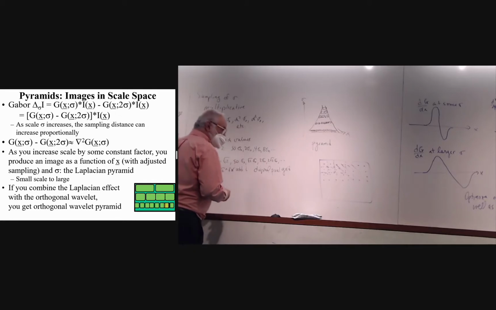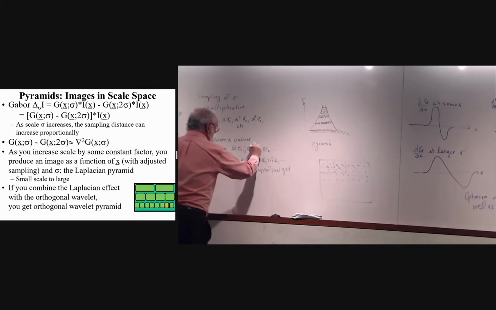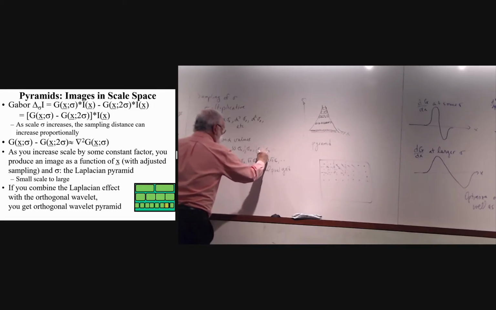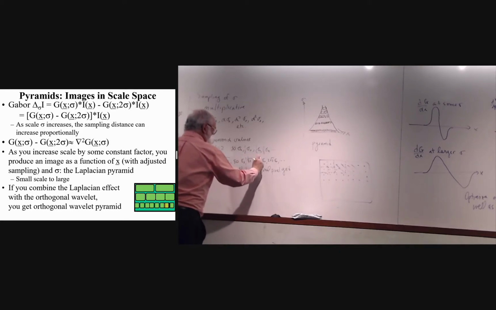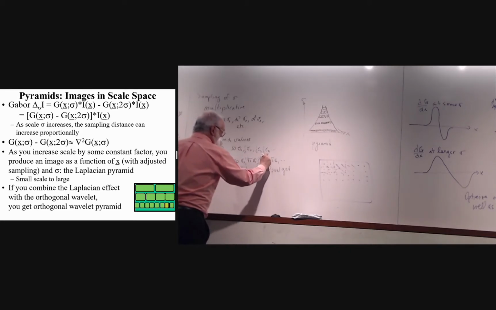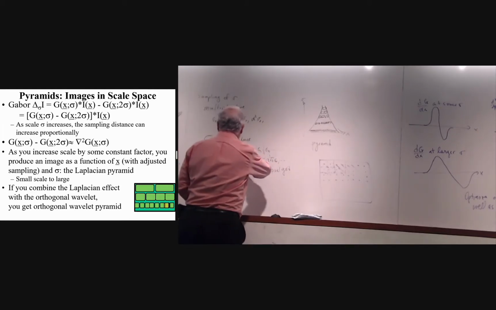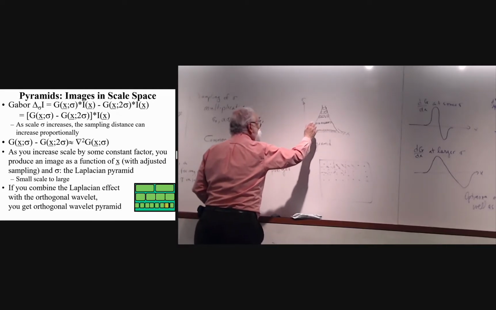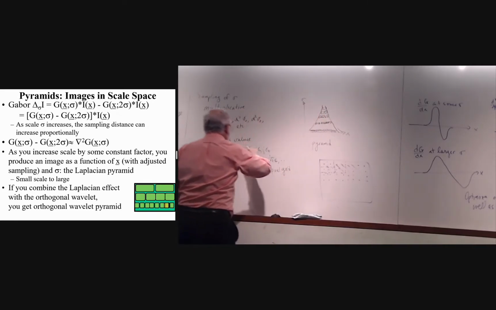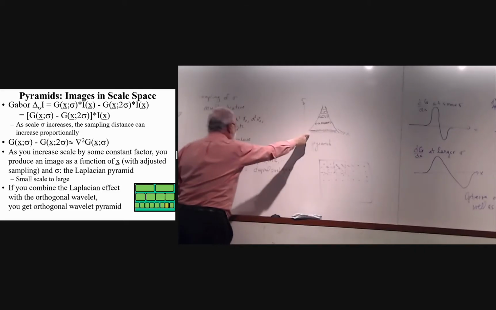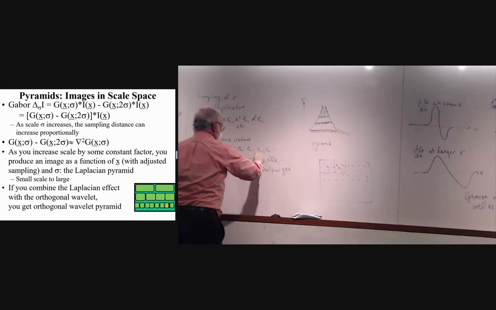I have an error on the board and I better fix it. This should be a half, this should be a quarter, and this should be an eighth, and this should be 1 over root 2, and 1 over 2, and 1 over 2 root 2, and so on, right? The successive samples get smaller and smaller relative to some top sampling. Or if you're thinking of the sigma 0 as being this, then I was right the first time, right?